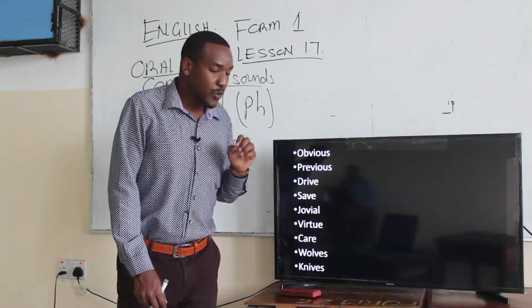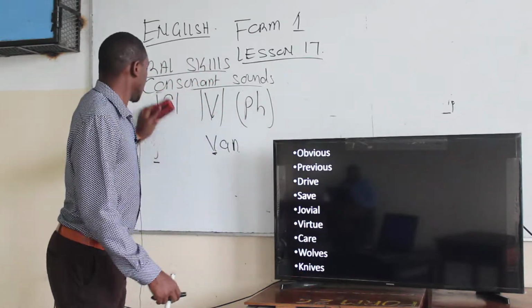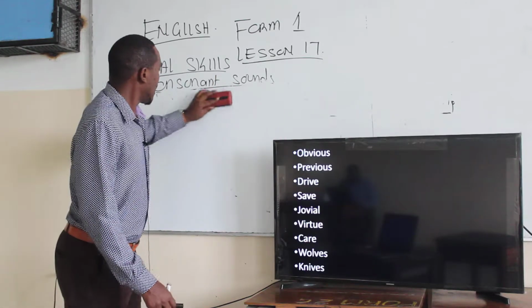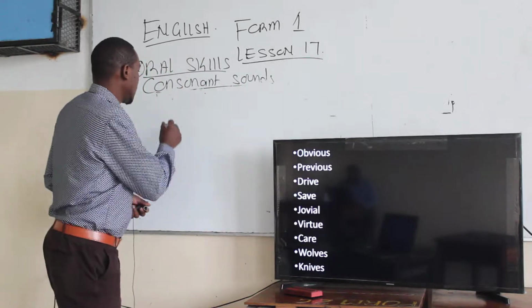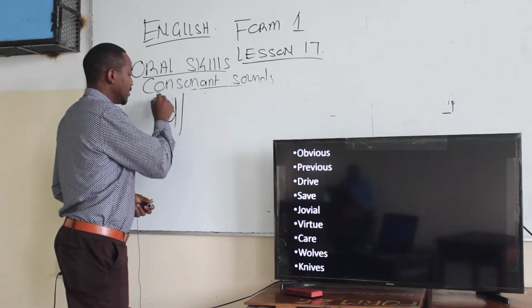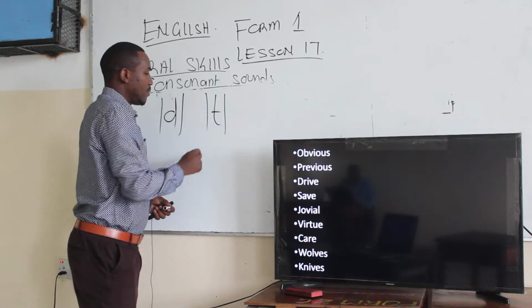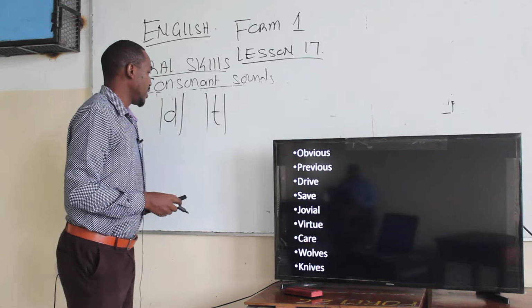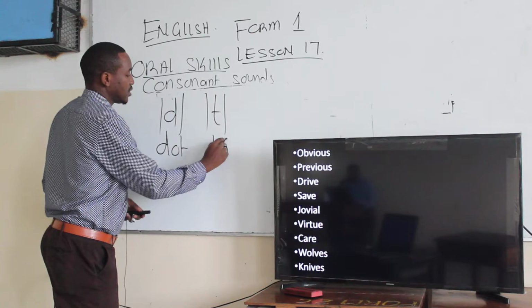Good. I think we can go now to the next sound that I want us to look at. And the next consonant sound I want us to look at is D. You know very well, probably, D and T. Dot, a tot.